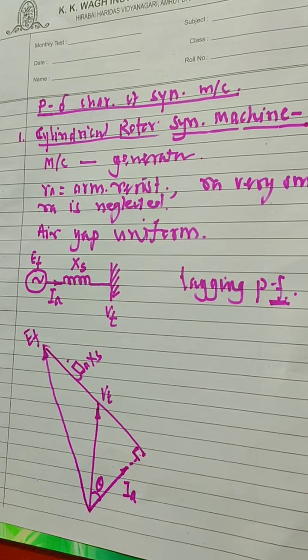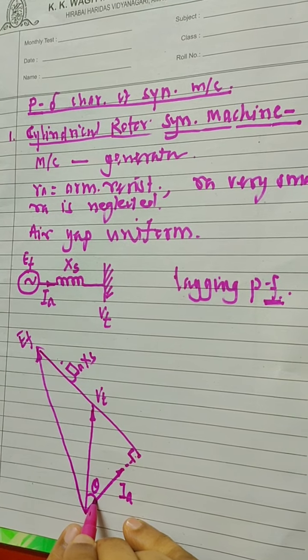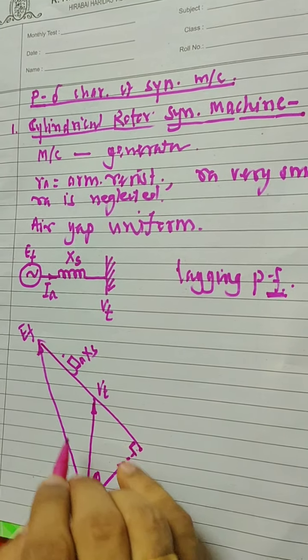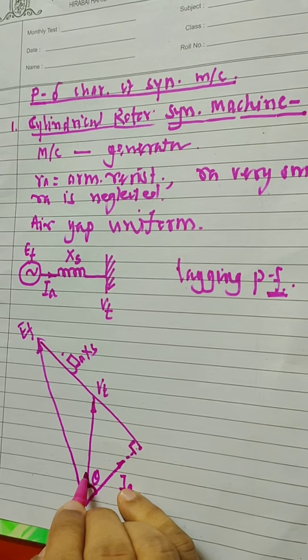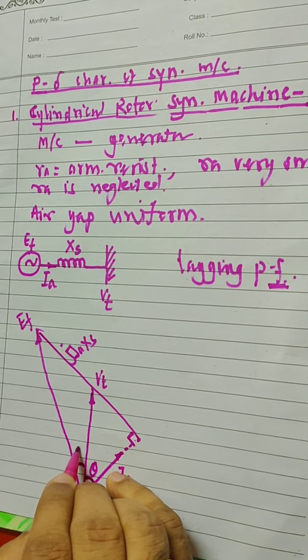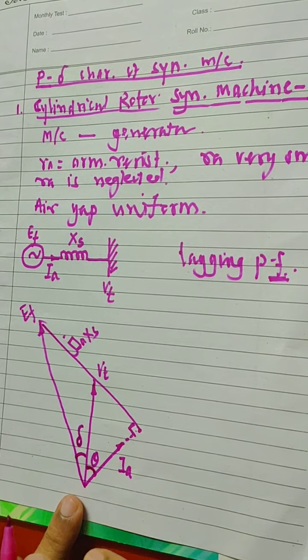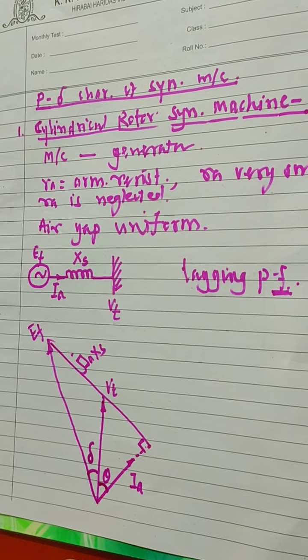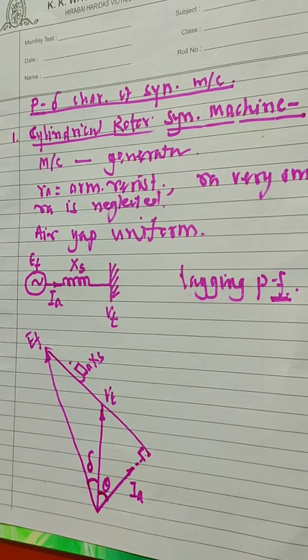Now this is the power factor angle theta. The angle between the excitation voltage and the terminal voltage is the load angle, the torque angle delta. So delta is called the load angle or torque angle.